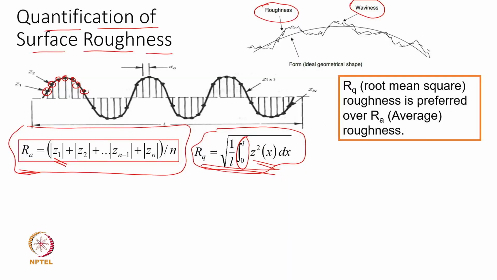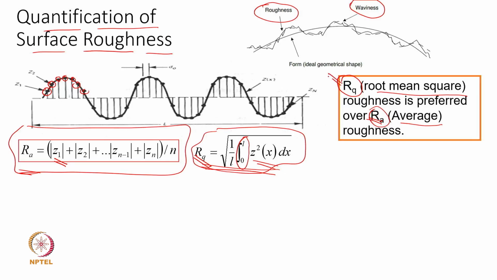However, there are two values, we say Rq value, that is the root mean square value, and there is another one, Ra value or Ra roughness, that is the average surface roughness. So, we are talking about the two, one is Rq, the other one is Ra. In manufacturing, we prefer to use Ra value, almost all the manufacturing processes define Ra value.